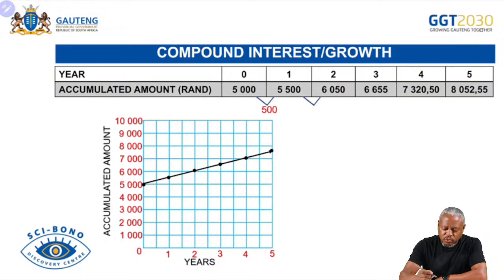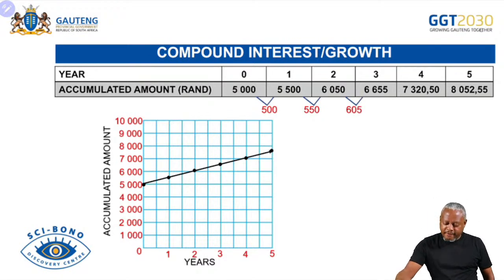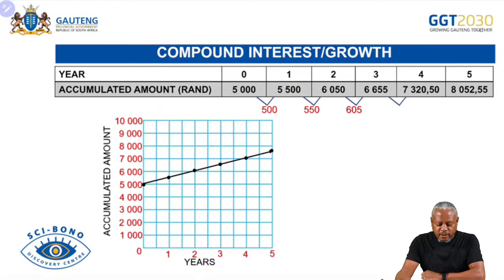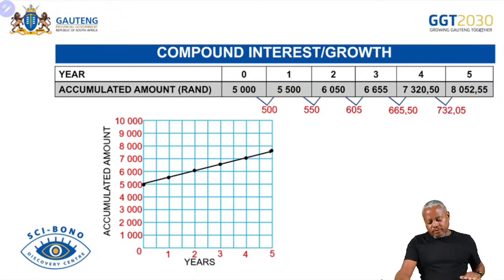Yes, and then the next one is 5,550, 605. Can you see what I've identified there? That's the interest. The next one, which was the last one, on the 5th year, is 732 rand and 5 cents.